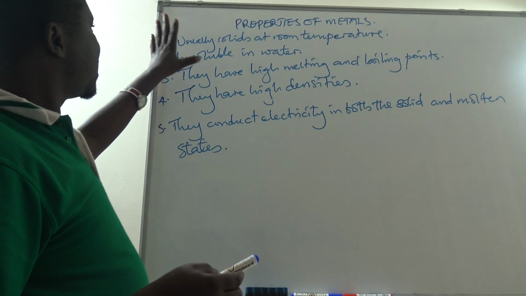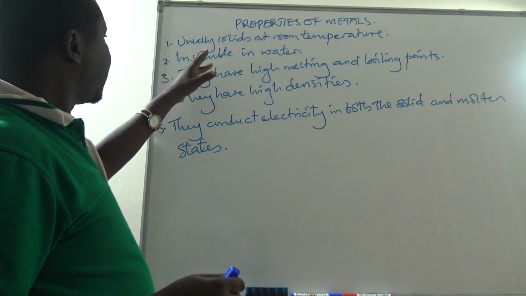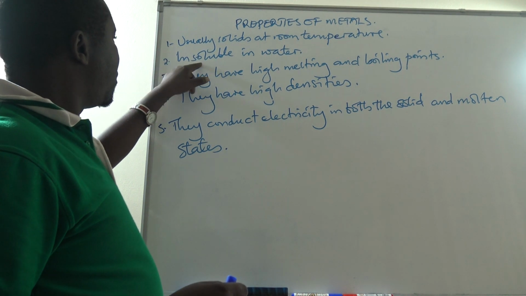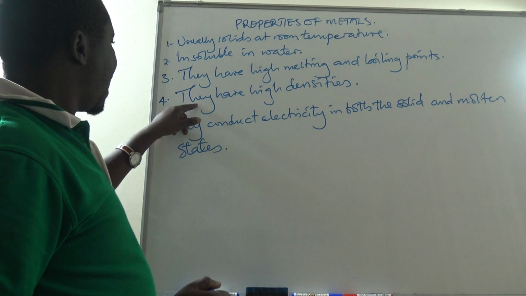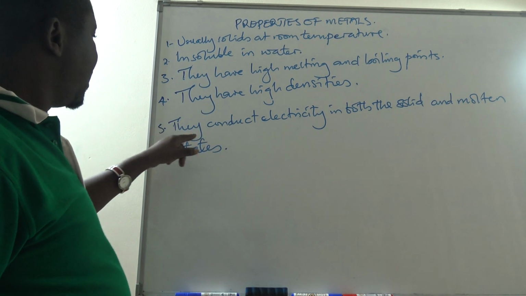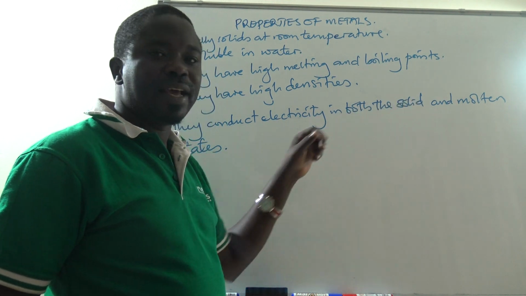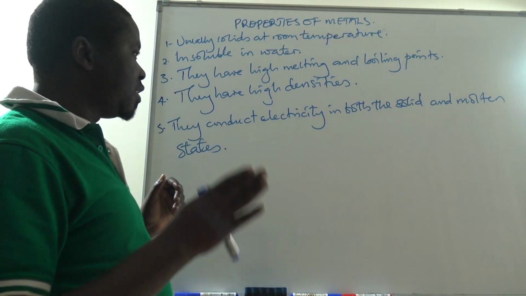So, these are the characteristics or the properties of metals. They are solids at room temperature. They are insoluble in water. They have high melting and boiling points, and they have high densities. As well, they conduct electricity in both the solid state and the molten state, unlike the ionic compounds that cannot conduct electricity in the solid state.